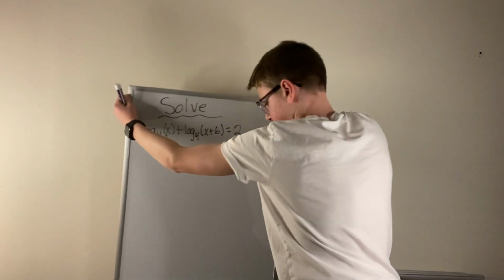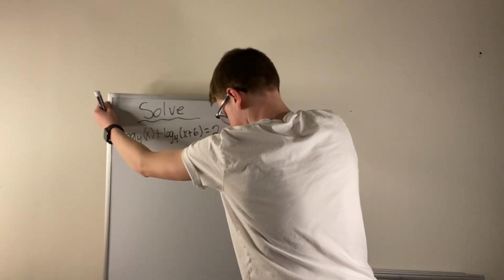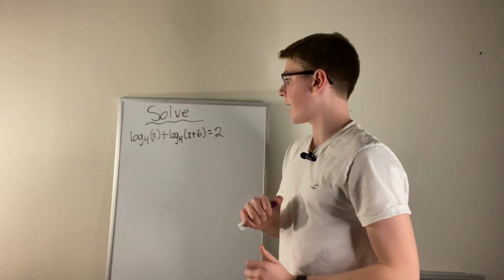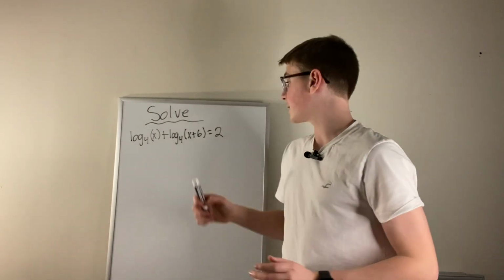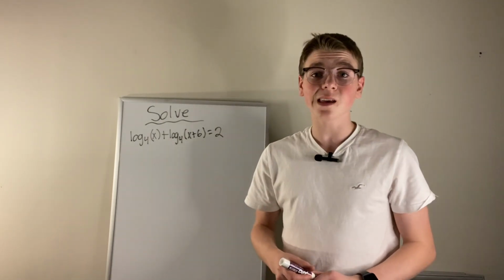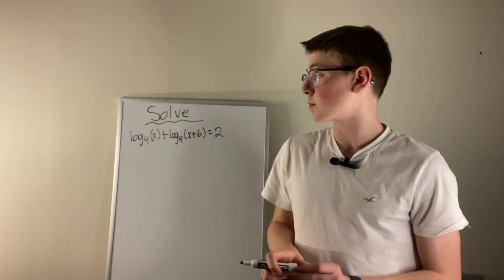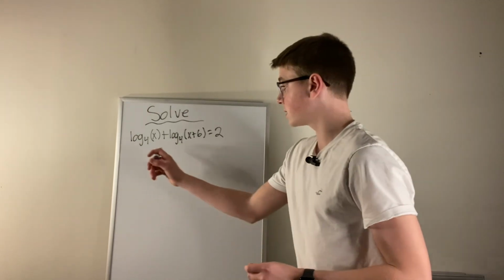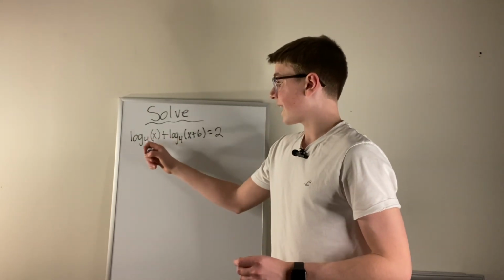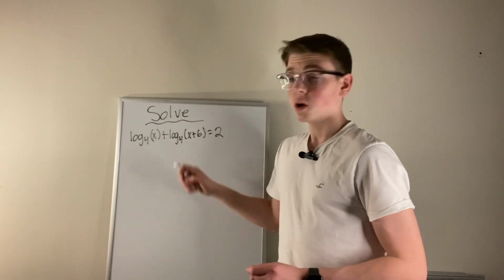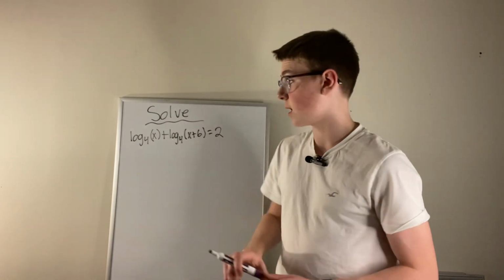Moving on, we're going to solve an equation now for x. So solve log base 4 of x plus log base 4 of x plus 6 equals 2. So what do we do here? Well, the multiplication property is saying that if we have the same base here, by adding these two logs of the same base, you're really multiplying them.